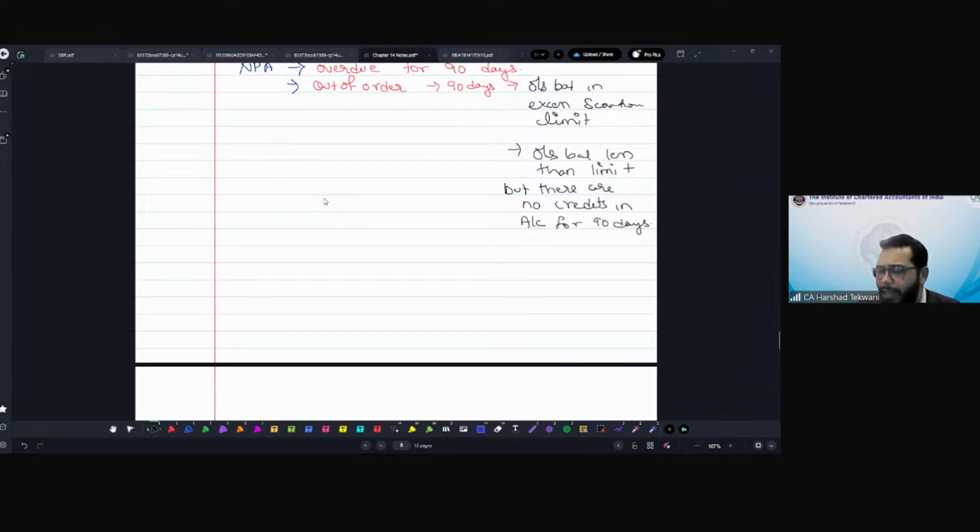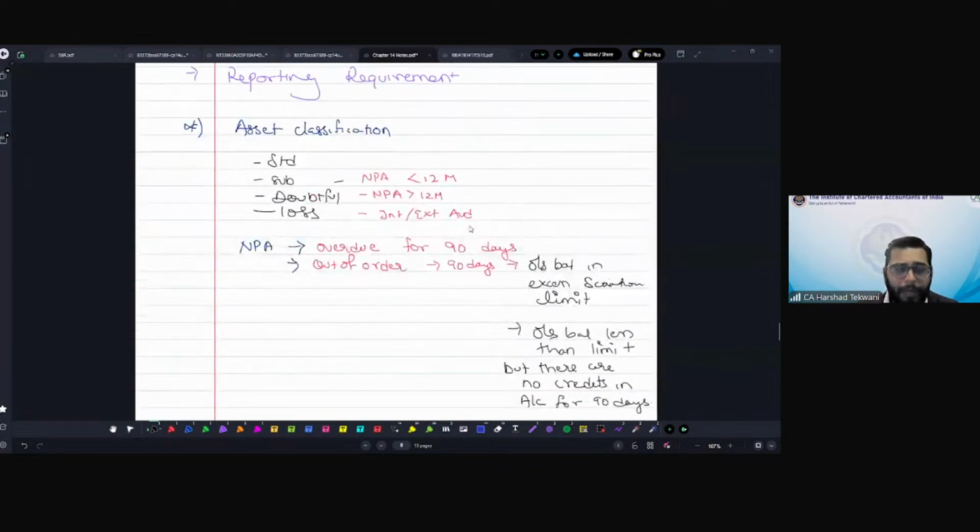Again, the same 90-day limit is applicable. Now, this is the NPA requirement. So once I understand the asset classification, then I have to understand the NPA requirement. This out of order was something new over here.